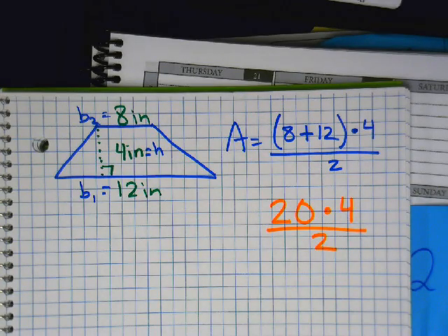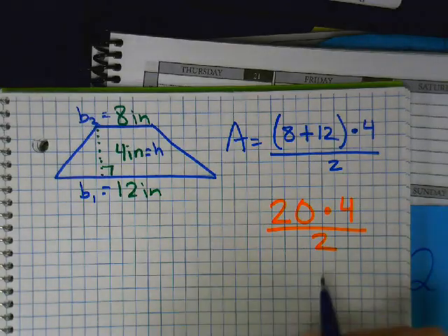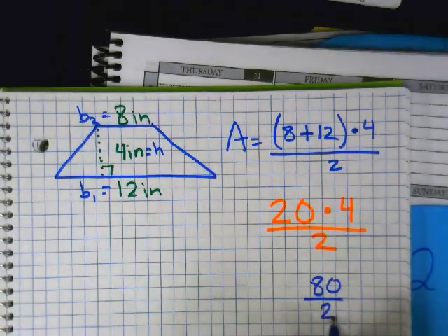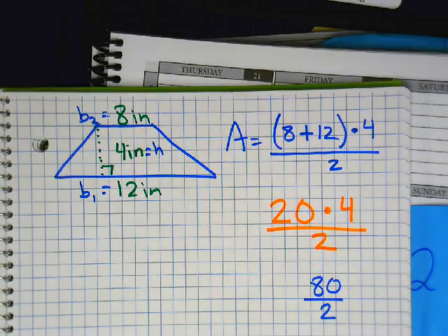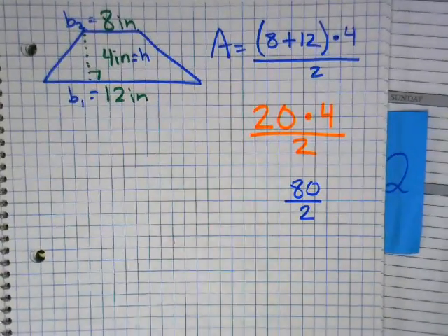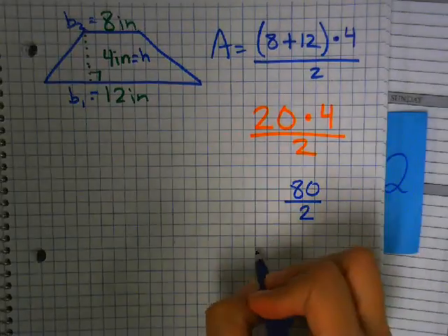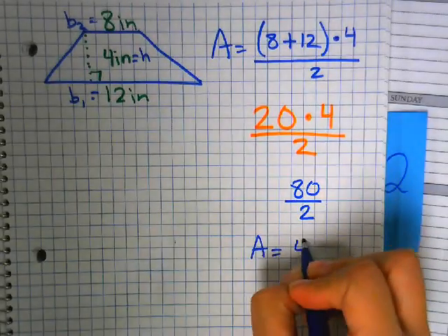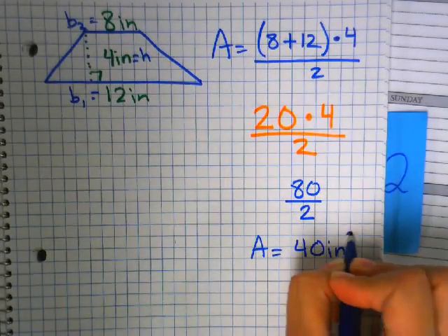What is 20 times 4? 80. 20, 40, 60, 80. 80 divided by 2. What is 80 divided into 2 people? 40. So therefore, my area is equal to 40 inches squared.